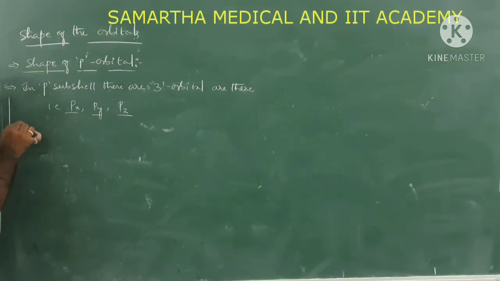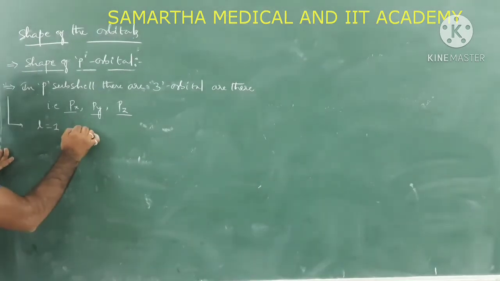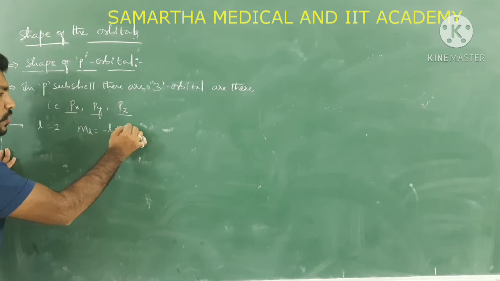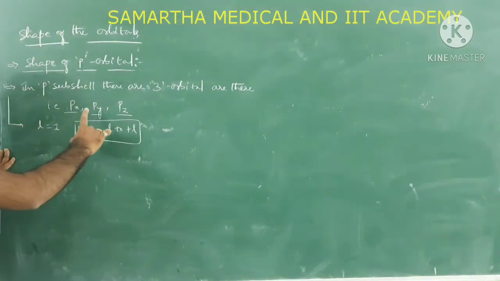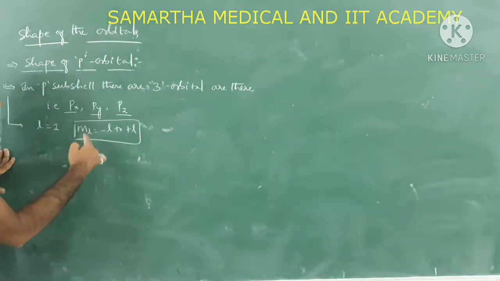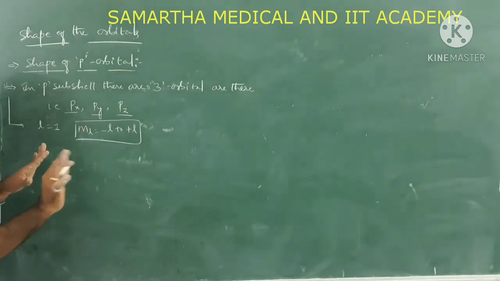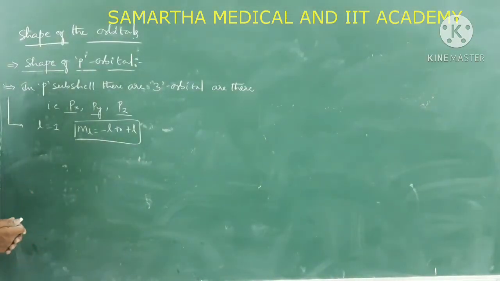Because in the p subshell the l value is 1. If l value is 1, then the ml value lies between minus l to plus l. These are quantum numbers, we will discuss them later, but you need to know this in order to understand this. Don't worry about it, just go with the concept.